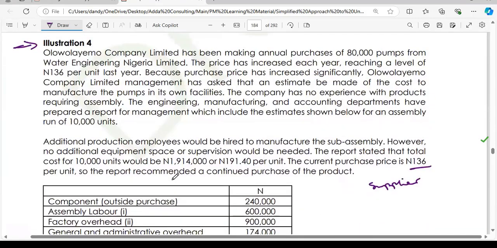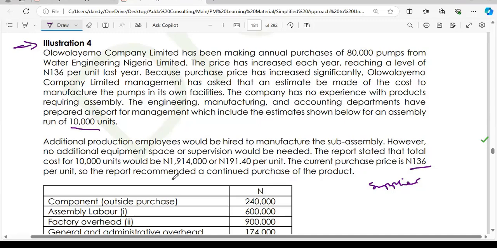The examiner has told you in the last statement of the first paragraph that the engineering, manufacturing, and accounting departments have prepared a report for management which includes the estimates shown below for an assembly run of 10,000 units. The units produced in the first batch is 10,000.